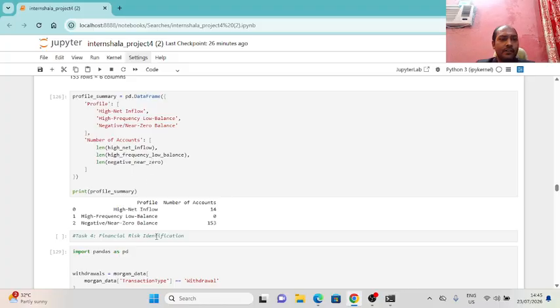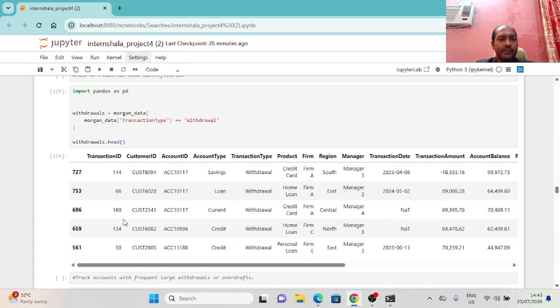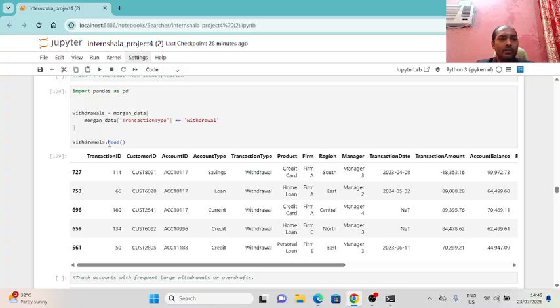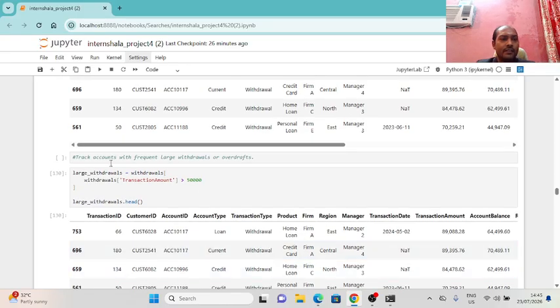Coming to task 4, we have to do the financial risk identification. So here we have to find out all the withdrawals. I have calculated all the withdrawals, and these are all the withdrawals we have calculated here. Then, transaction accounts with frequent large withdrawals or overdraft.